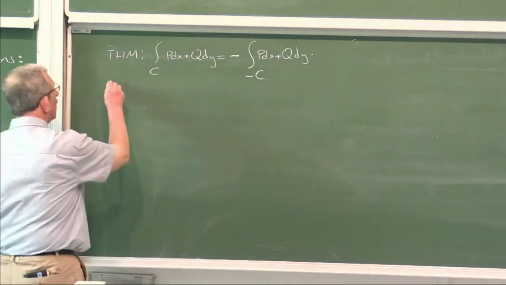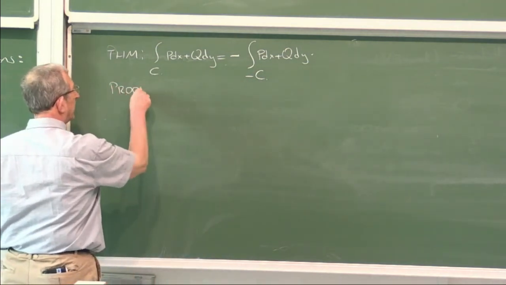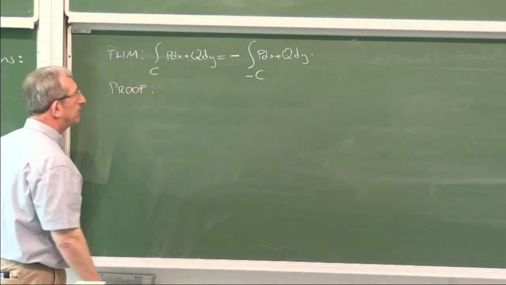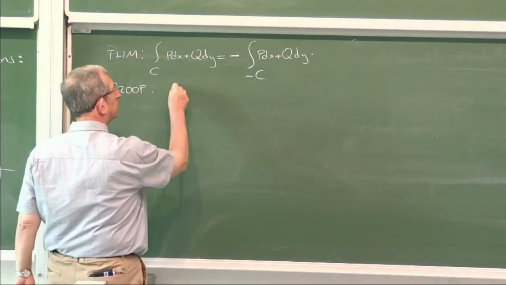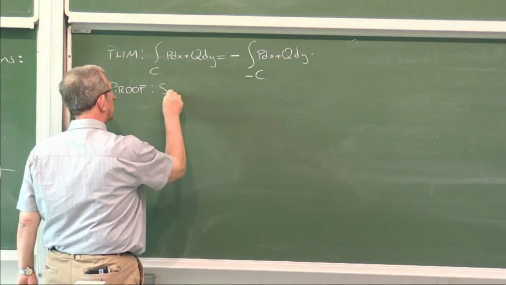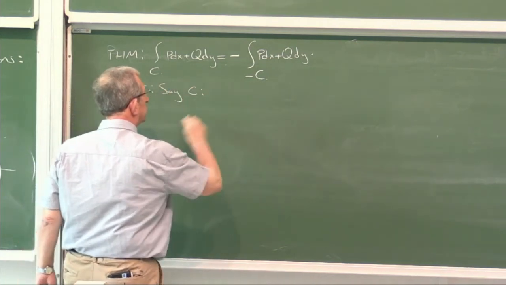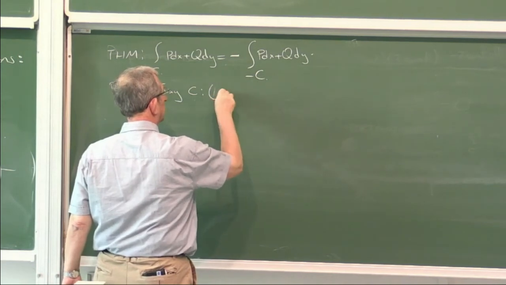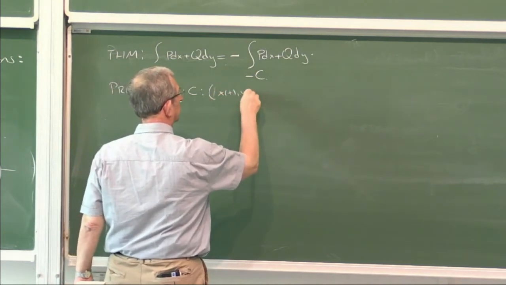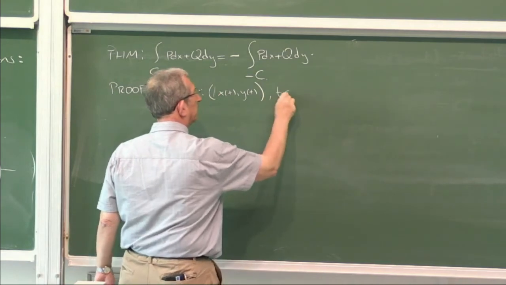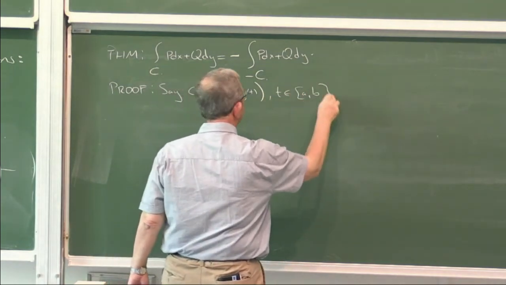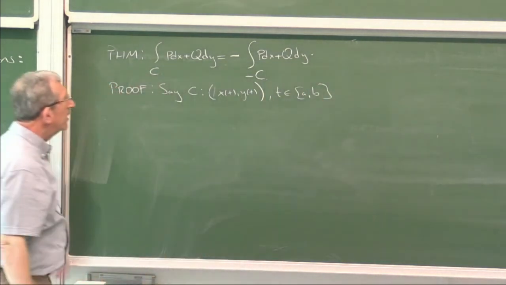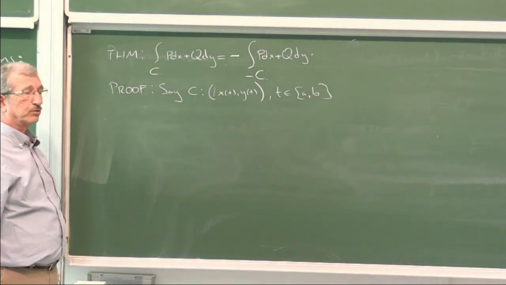A proof, which is quite nice and easy, can be done as follows. Let us consider C given as x of t, y of t, t from A to B, a very standard way, in the correct direction, of course.